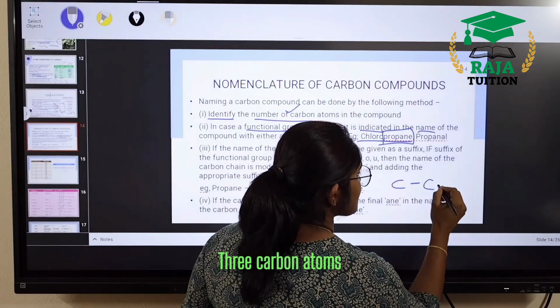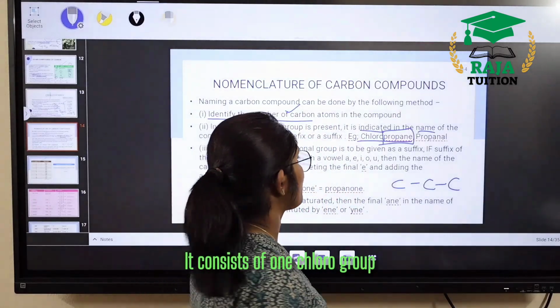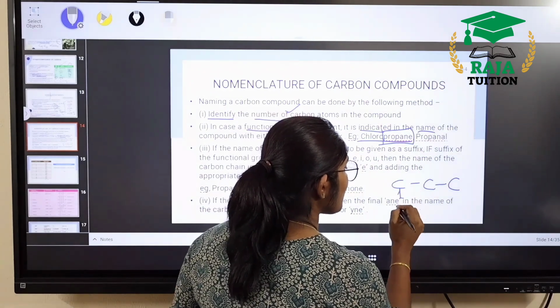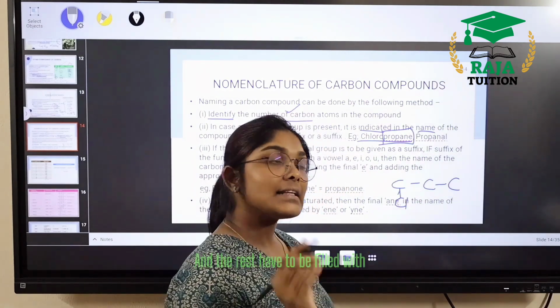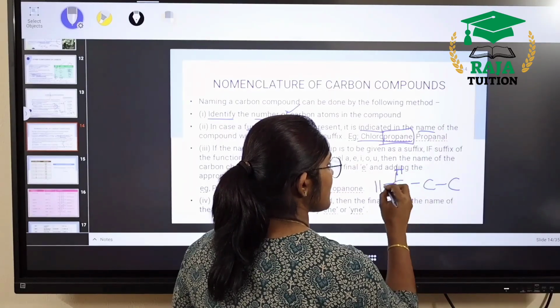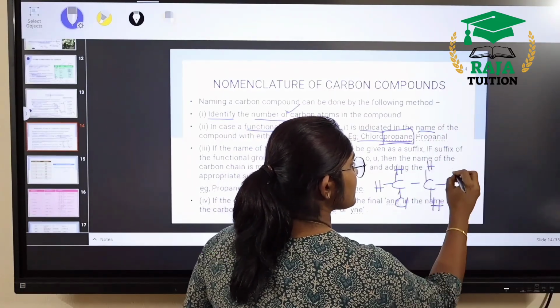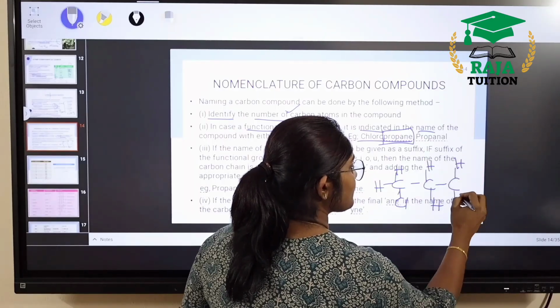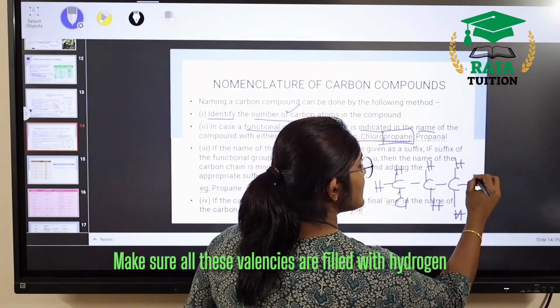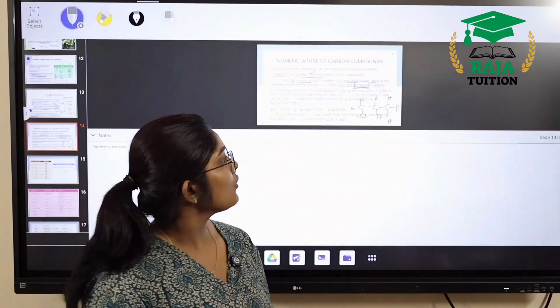It consists of one chloro group, and the rest have to be filled with hydrogen. Make sure all these valencies are filled with hydrogen. This is a chloropropane molecule.